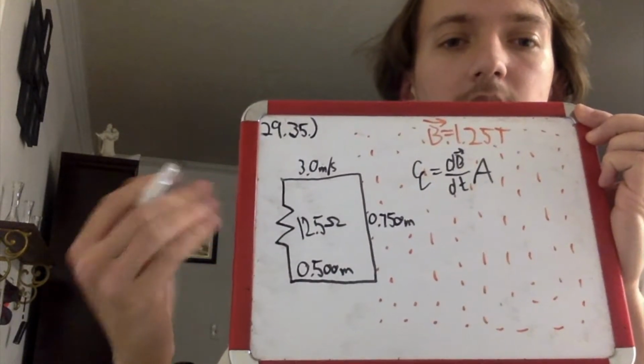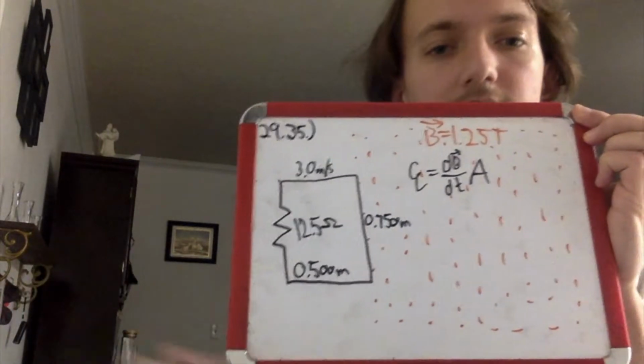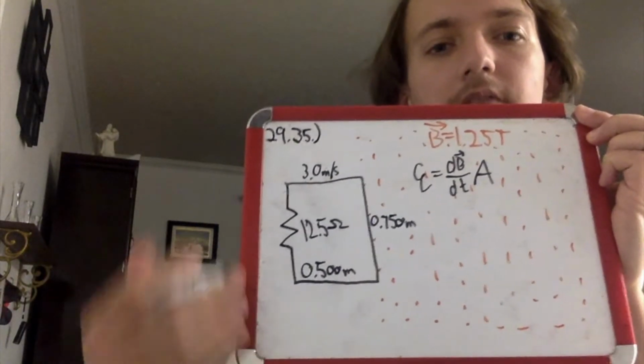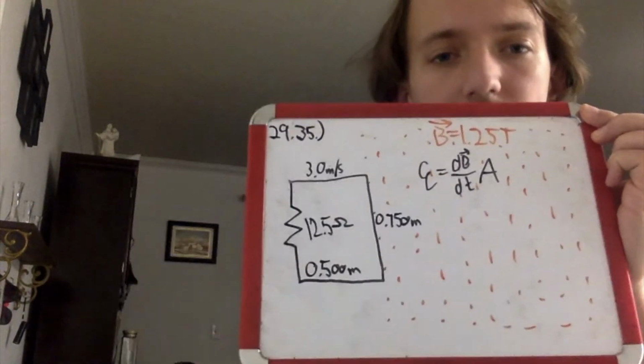So it's going at 3 meters per second. We have the velocity, we have the distance, so we just divide 0.5 by 3, and we have our amount of seconds, which ends up being 0.166 continuous.